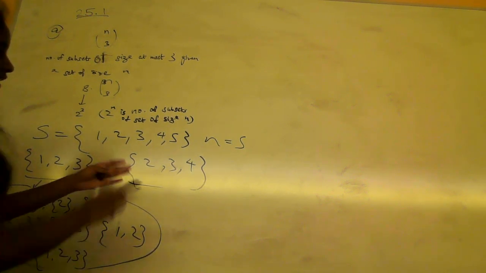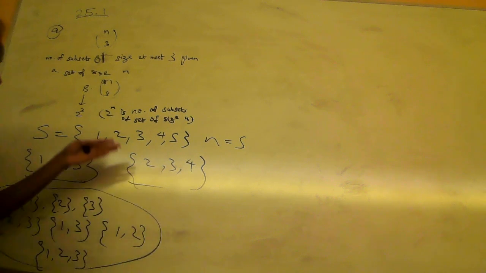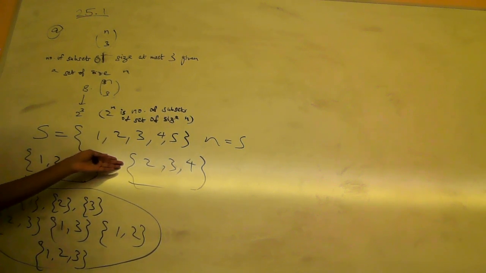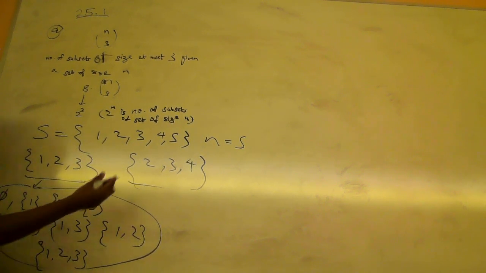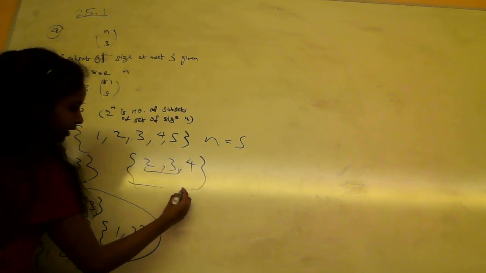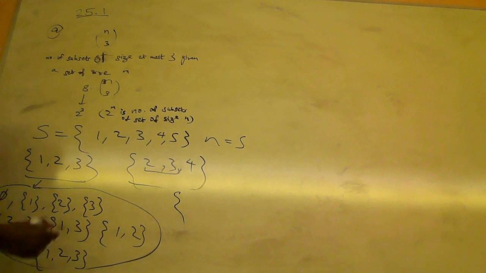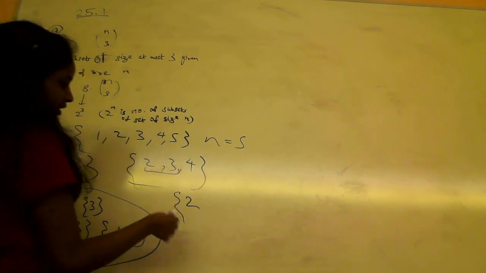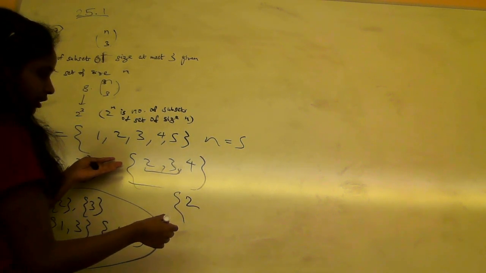But the problem is when I list out all of the subsets of this set of 3 elements, which is a subset of S, we also see that one of those subsets will be {2, 3}. Right, because the basic definition of a subset is that every single element in the subset has to belong to the set.